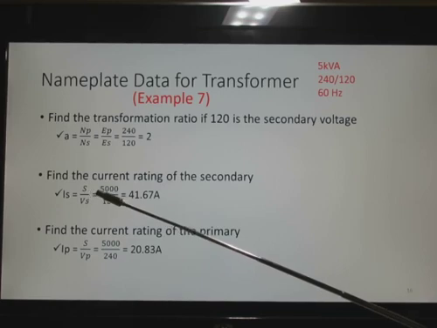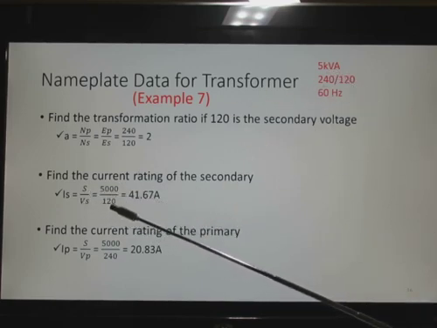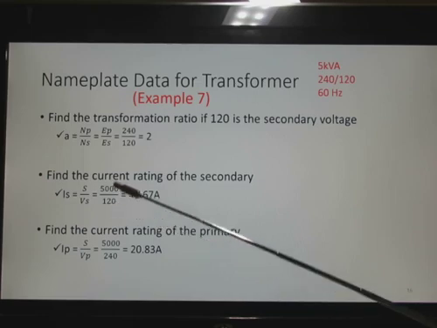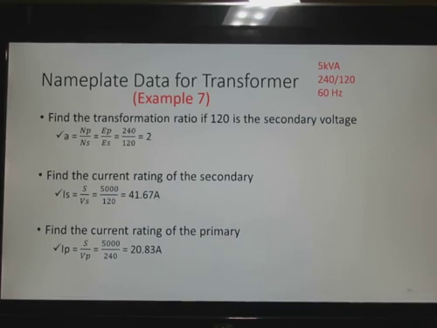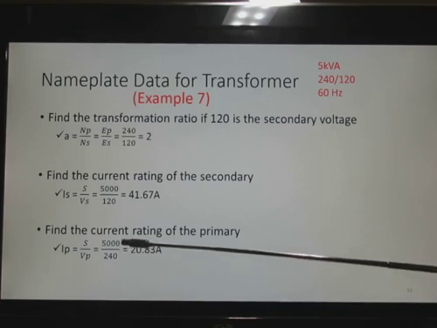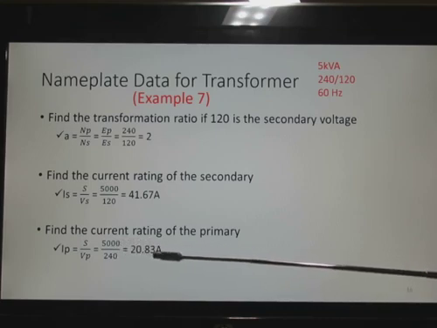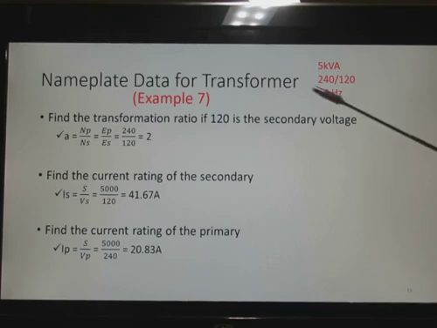So we can use 5 kVA over the voltage on the secondary side, and the volts will go away, and we'll have current: 41.67. Find the current rating of the primary side. So we'll use the primary voltage here with 5,000, and we get 20.83. So we can get a lot of information from the data that's on the faceplate.